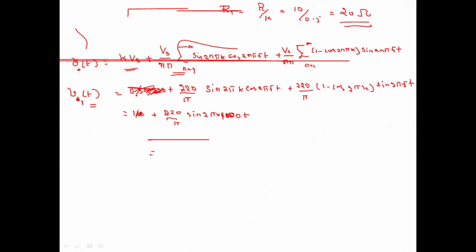How much is it? The value is finally 140.06 sin 6283.2 t, which is 99.04 volt, meaning 99.04 volt RMS.